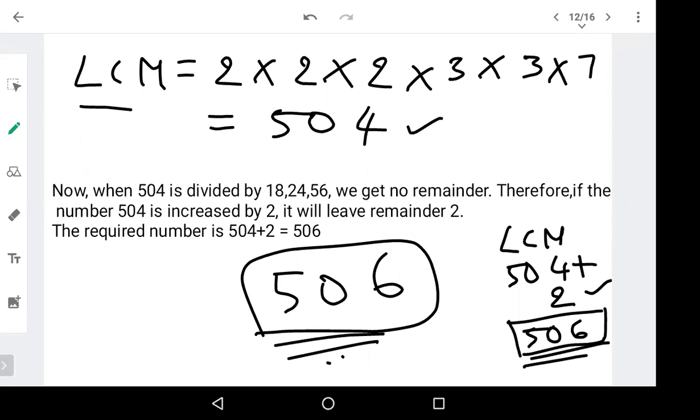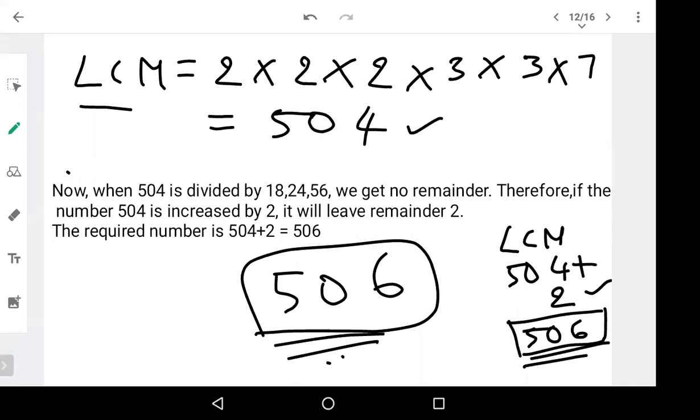Now read the conclusion here. Now, when 504 is divided by 18, 24, 56, we get no remainder. Because LCM is the least common multiple, which will not give us any remainder. Are you clear until that?